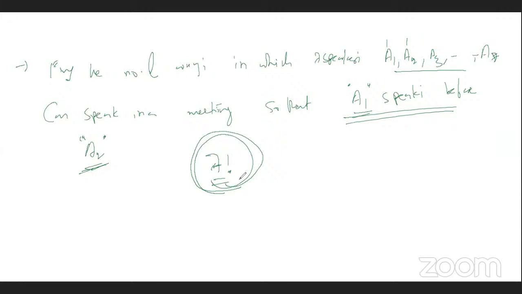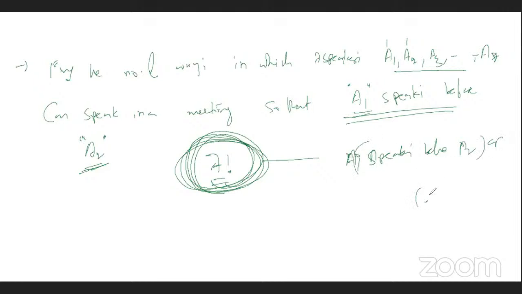So to get A1 speaks before A2, what should we do? 7 factorial minus A2 speaks before A1? No, observe very carefully. These are the total number of ways. In this, A1 may speak before A2, or A2 may speak before A1.